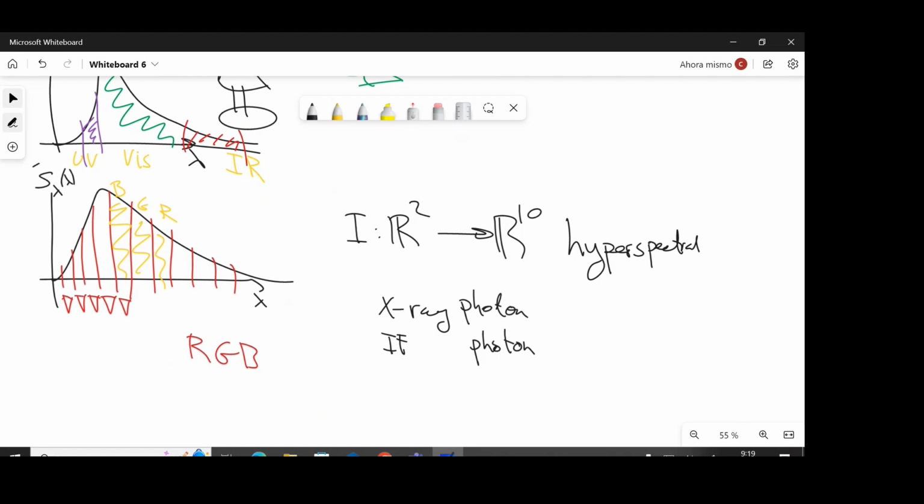X-rays. Why? It's smaller. Short or long? Shorter. Yeah, actually that's correct.